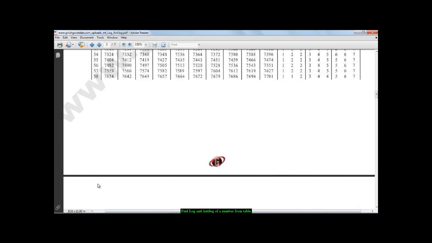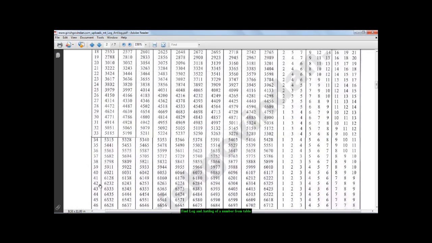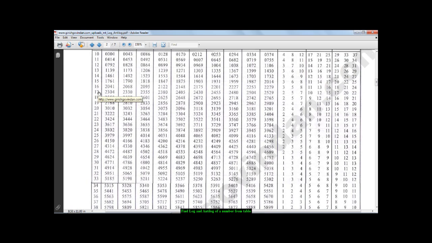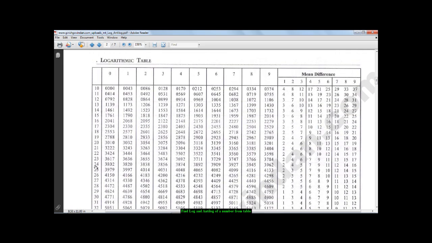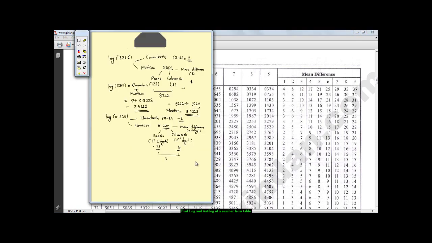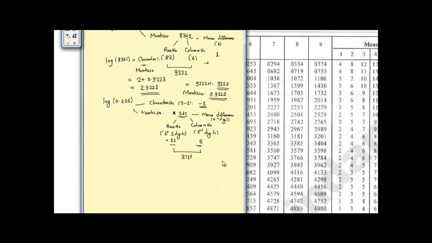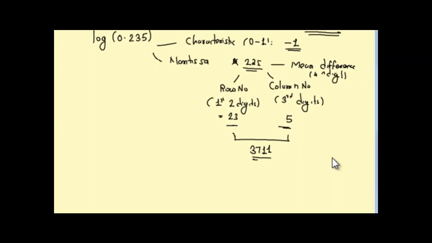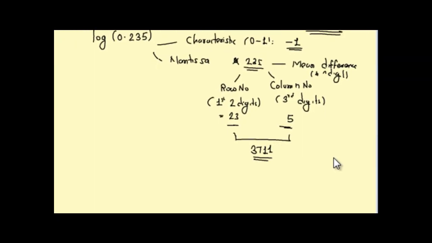Row number 23 and column number 5: 3711. Okay, so the number that we'll get from the log table is 3711. So the mantissa will be 0.3711.